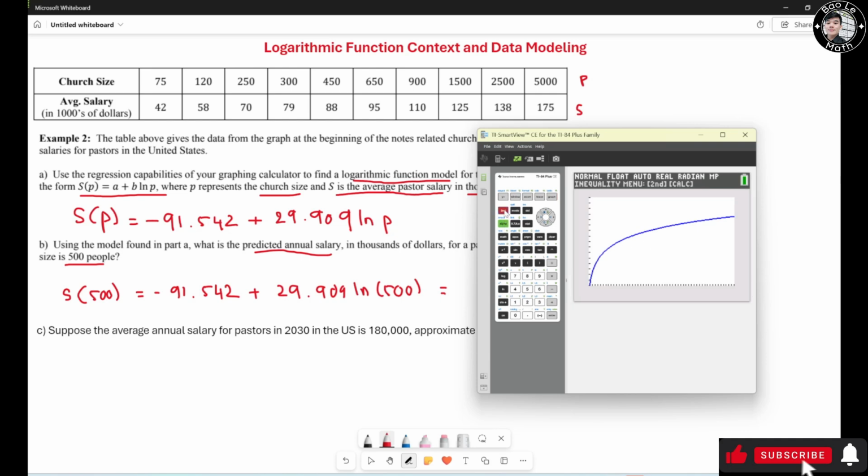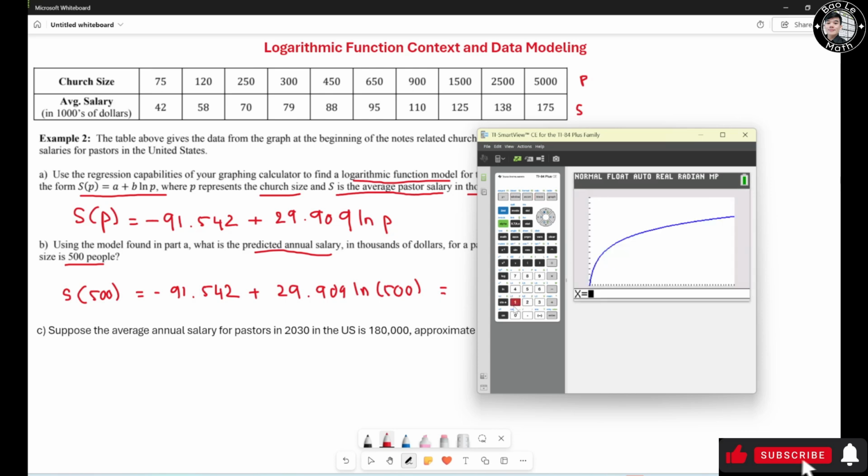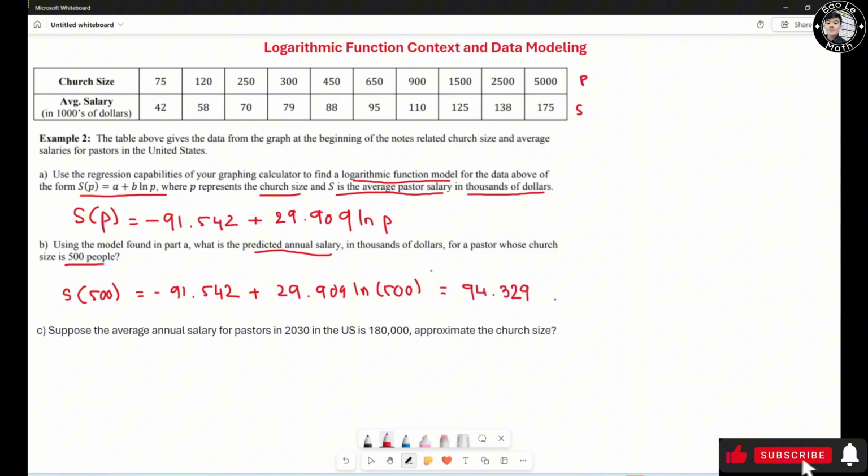Okay, so you hit second trace, value number 1, S equals 500, hit enter. The answer is 94.329, right? So it could be, right, thousands of dollars.